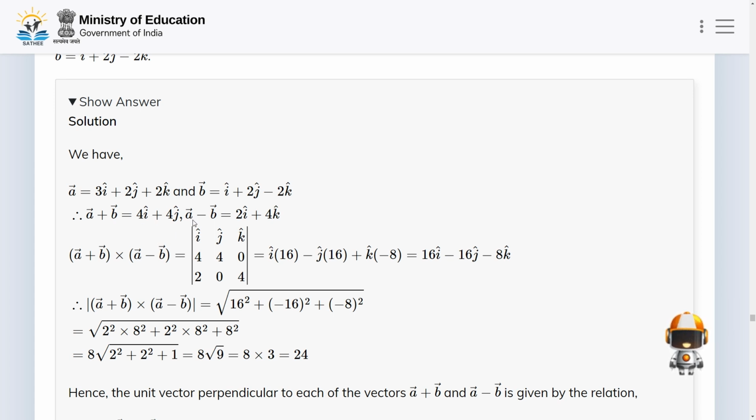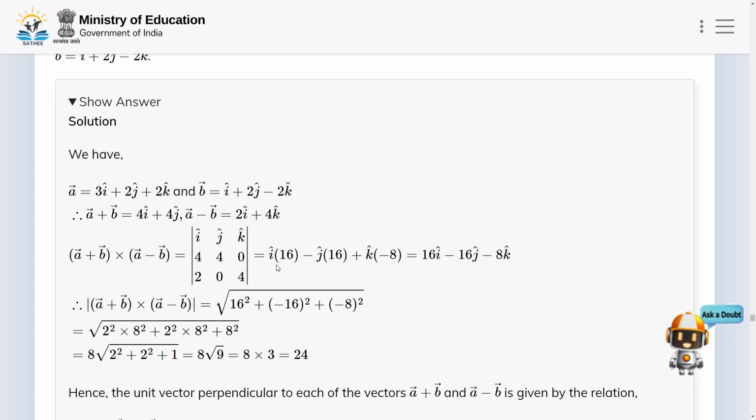What does A minus B mean? 2i hat, 0j hat, and plus 4k hat. So this means 2i hat plus 4k hat will be your A minus B. Now the cross product between these two vectors: you will have the determinant.